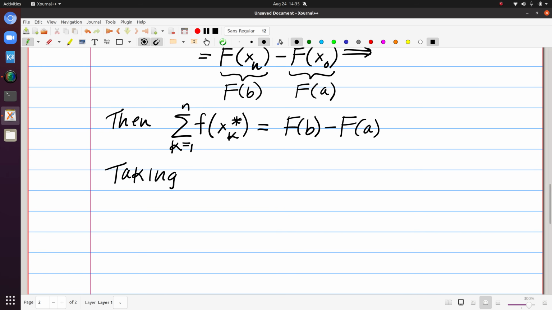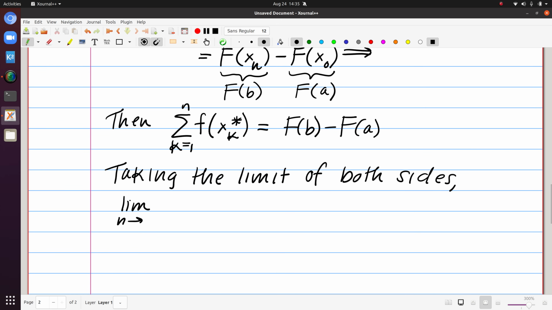So taking the limit of both sides, this says that the limit as n approaches infinity of my left-hand side should equal the limit as n approaches infinity of my right-hand side.